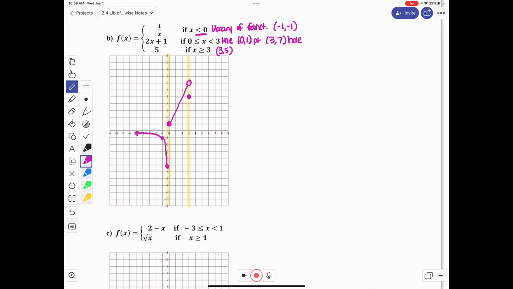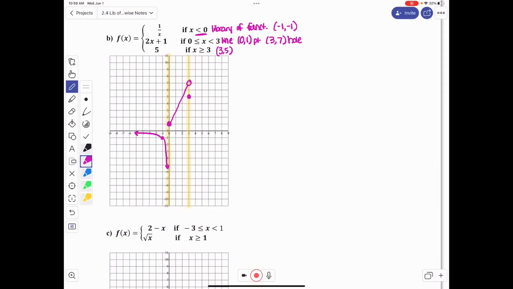And again, if you set it equal to 0 and multiply by x, you would get 1 equals 0, and that doesn't work, okay? So we have no intercepts on that fraction.